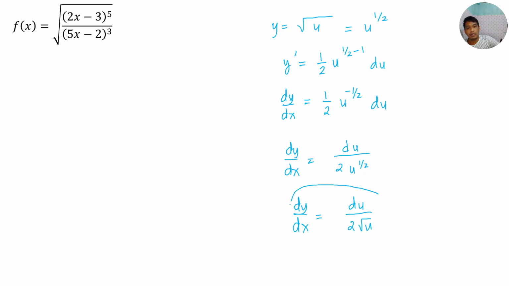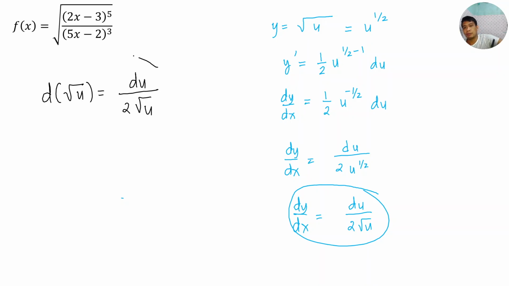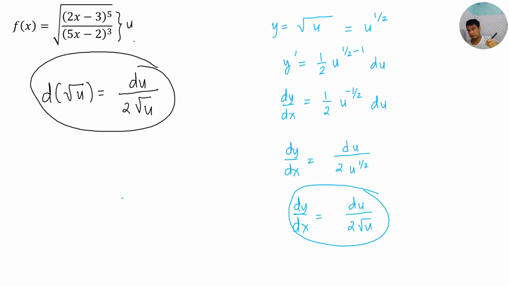So therefore, we have derived the formula for the derivative of square root of u, which is du over 2 square root of u. This will be our working formula. But since what is given is the square root of this entire function, which is your u, let this be q instead, another variable, so we don't get confused.